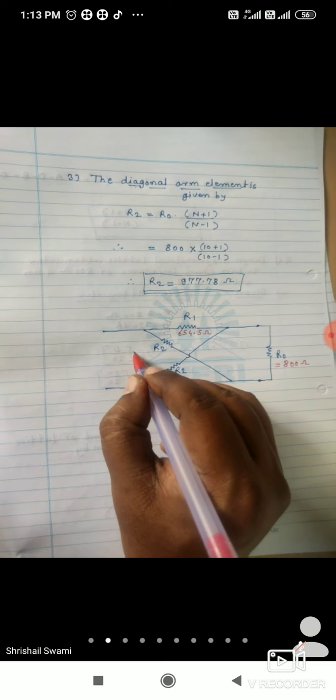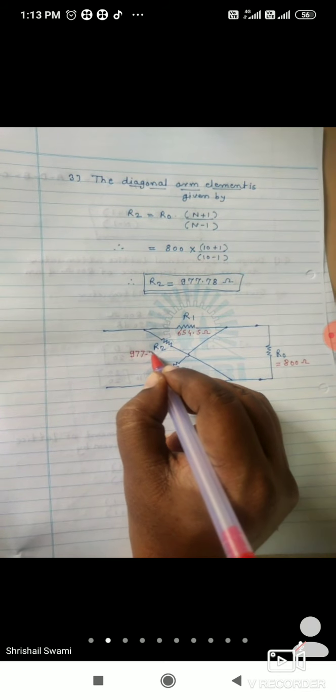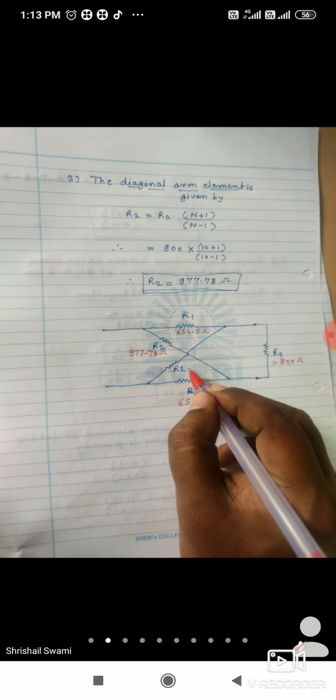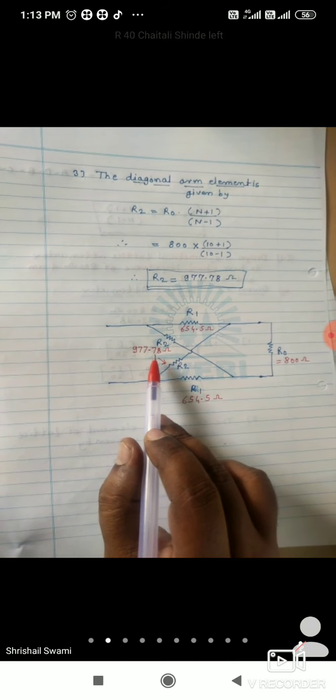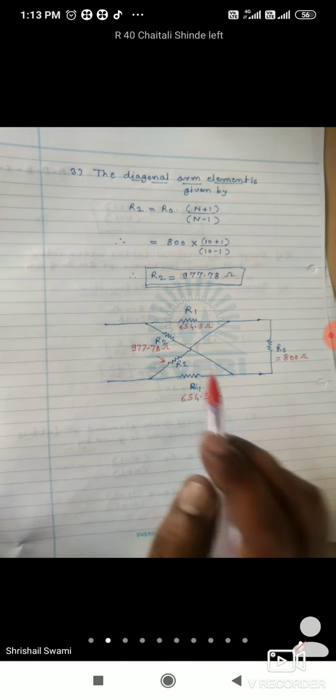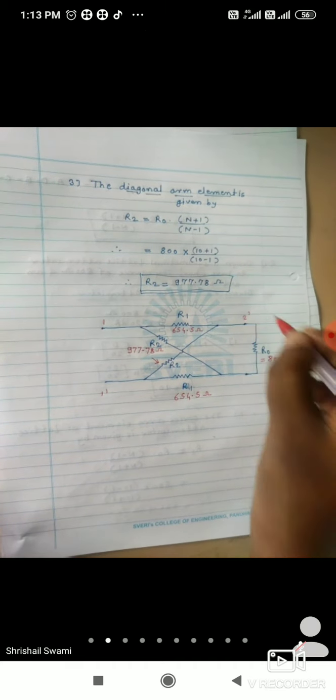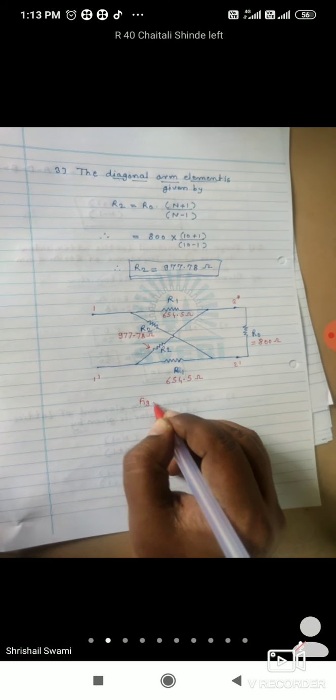R2 we got 977.78 ohm, the same for both R2. You can give the names R1 dash, R2 dash. This is the lattice attenuator.